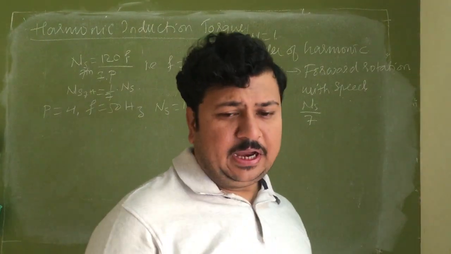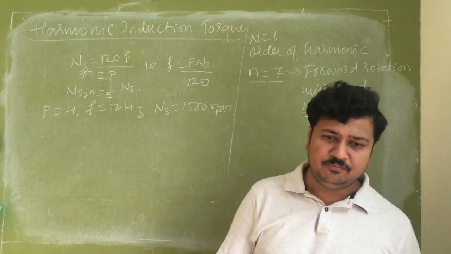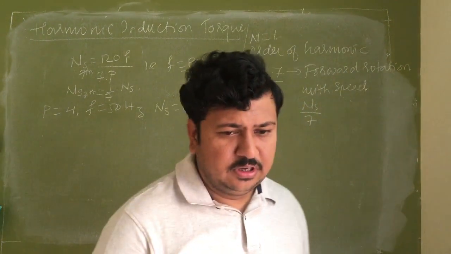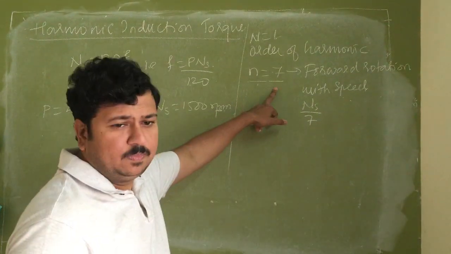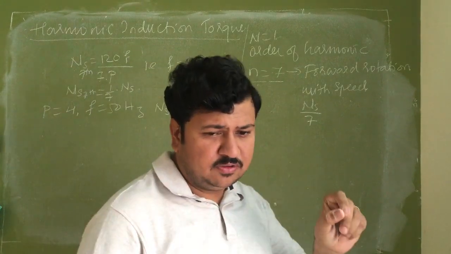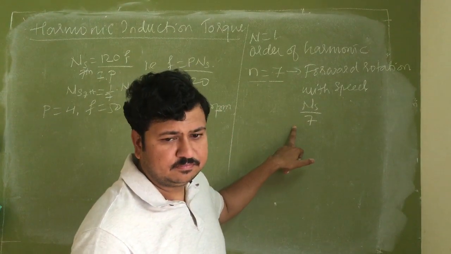So the speed at which the harmonic rotating induced EMF is rotating is ns by the order of harmonic. The order of harmonic is 7, therefore the 7th order rotating flux in the air gap is rotating at a speed of ns by 7.